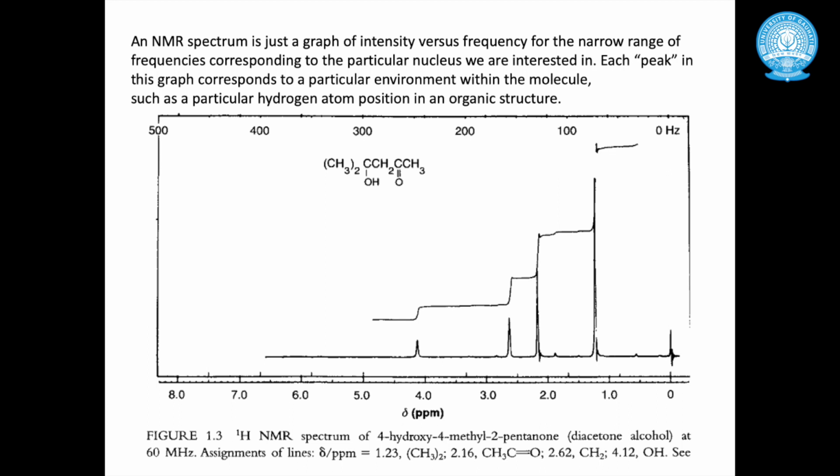You see in this figure, if you see the figure caption, it says proton NMR spectrum of 4-hydroxy-4-methyl-2-pentanone (diacetone alcohol) at 60 megahertz. Assignments of lines, how these peaks are assigned: delta per ppm, chemical shift per ppm.